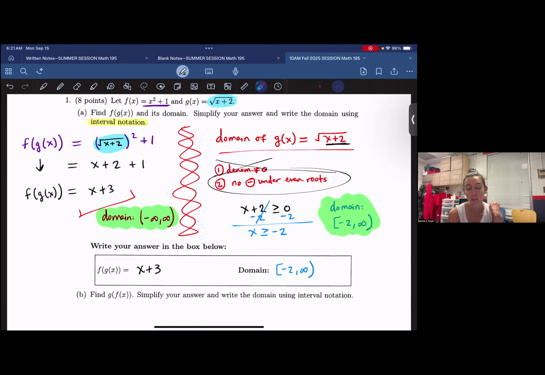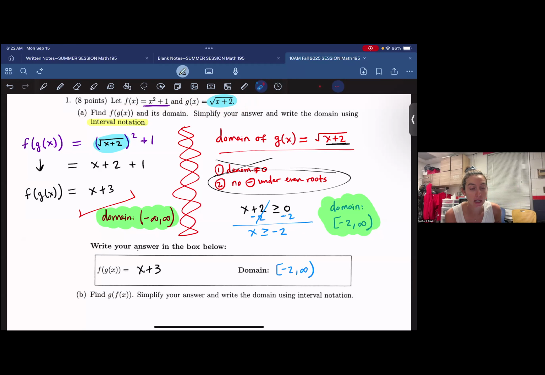Yes, you have a point there, but based off of the question itself, you're given these two functions, which means you need to take that into consideration when you're looking at that input function. If you end up choosing an x, I don't know, x equals negative 100, that will not even suffice here because negative 100 plus 2 is negative 98. And what's the square root of negative 98? Oh, we're in the imaginary world now. Okay.